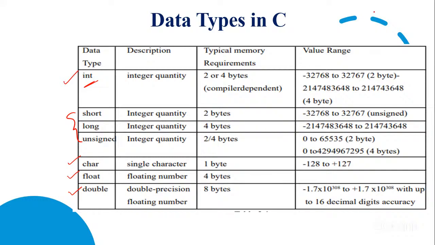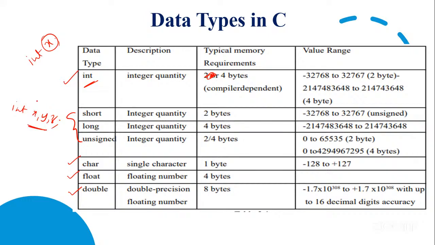And coming to the size, for integer data type, if you declare int x, that means this x will occupy 4 bytes of memory in our device. If you declare int x, y, z, how many variables are there here? 3 variables.